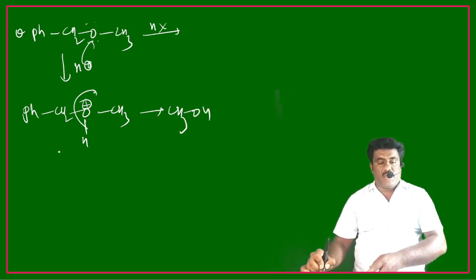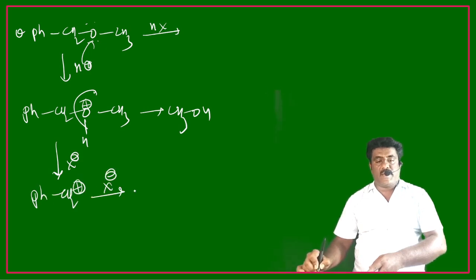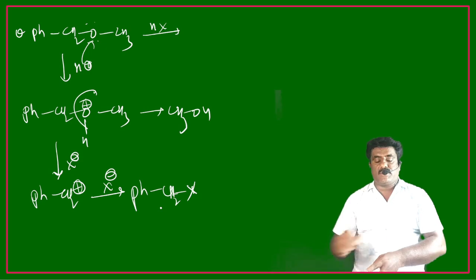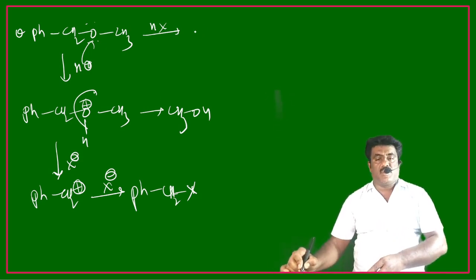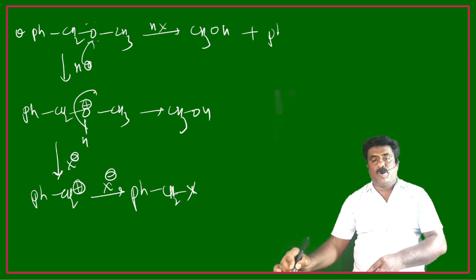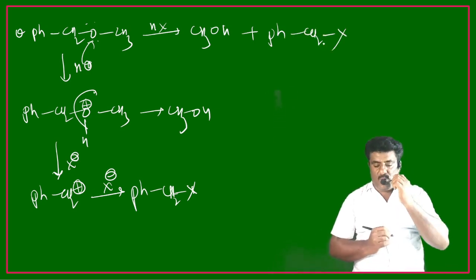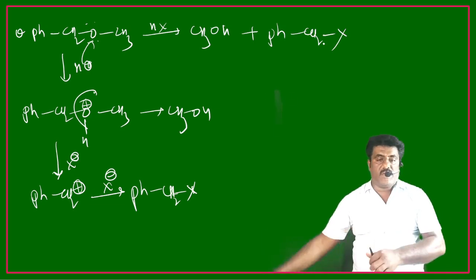Again X minus attacks PhCH2 plus, on CH2, to form PhCH2X. This is our required product: CH3OH plus PhCH2X.